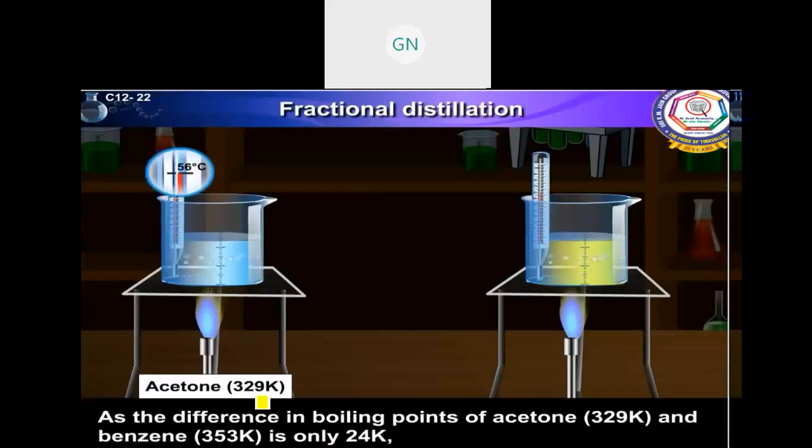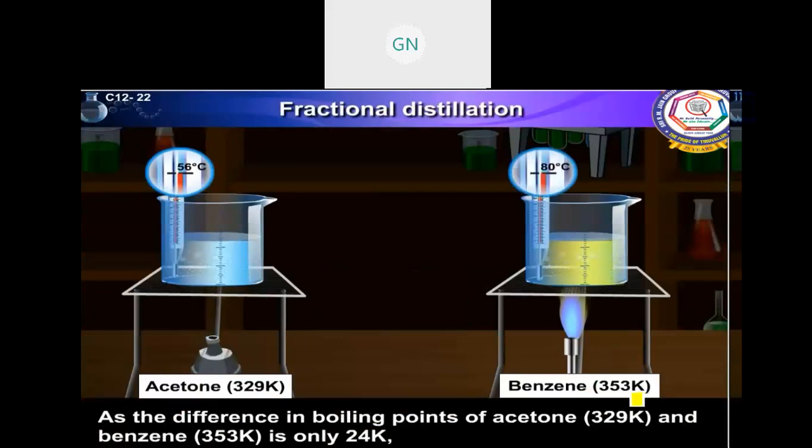Acetone's boiling point is 329 and benzene's boiling point is 353, and the difference between these two is 24 Kelvin.